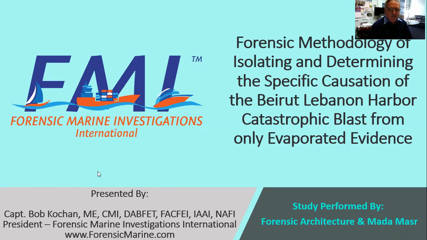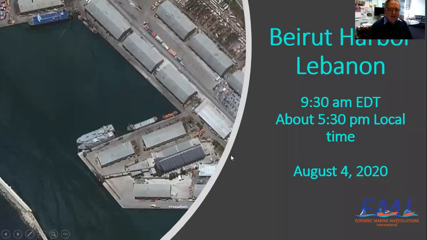Mike, can you there? Click. Aha, thank you. This is an aerial view of the harbor. Actually, it was taken the day before this explosion event. You notice that there are a number of vessels in the harbor, and when we look at the next slide, you're going to see some changes.